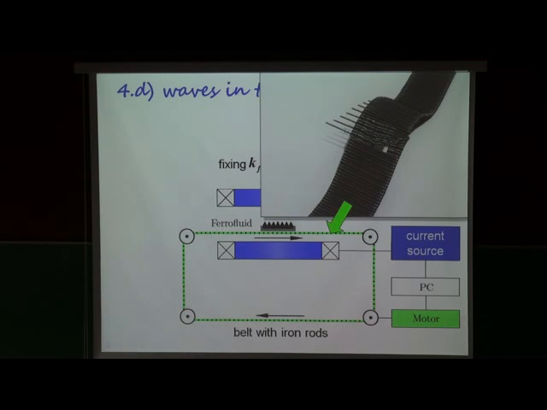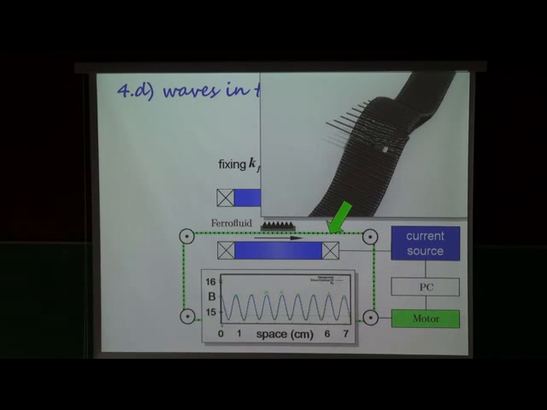And here you have a motor, and this motor is now driving this belt, and you see that if you have a fixed Hall sensor, as these sticks are passing by, you have a sinusoidally modulated strength of the magnetic induction.